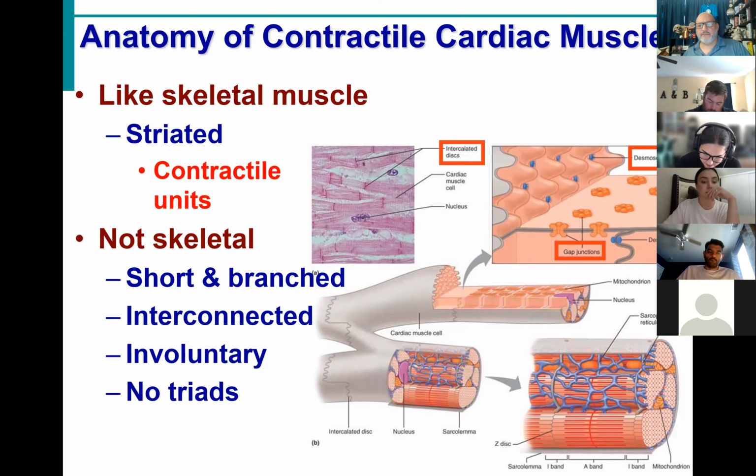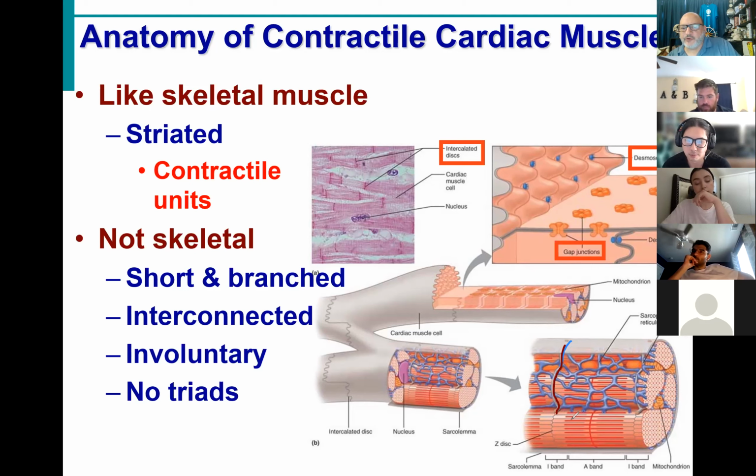But notice also, as we look at these illustrations, there are some other dissimilarities. Notice, like in skeletal muscle, there are transverse tubules that penetrate deep down and wrap around the sarcomeres, bringing the interstitial fluid deep into the muscle cell.